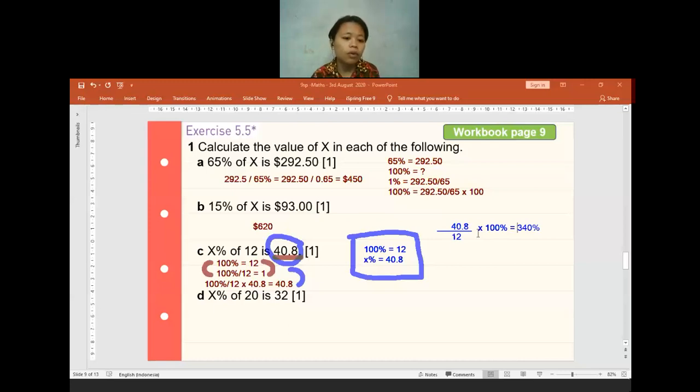Okay, if you have no confusion, I will move to question D. X percent of 20 is 32. So we have that 100% is equal to 20. Now we are going to find X percent, which is equal to 32.